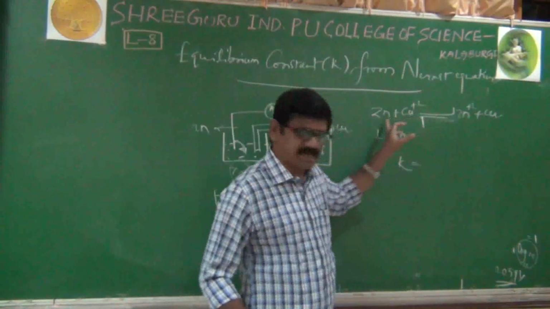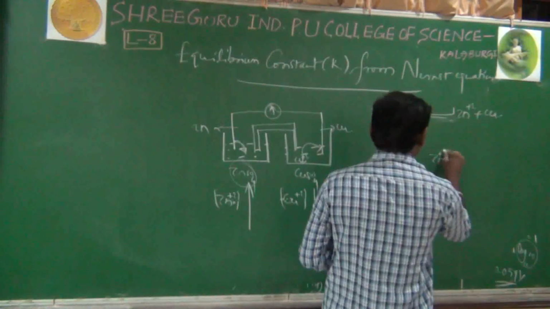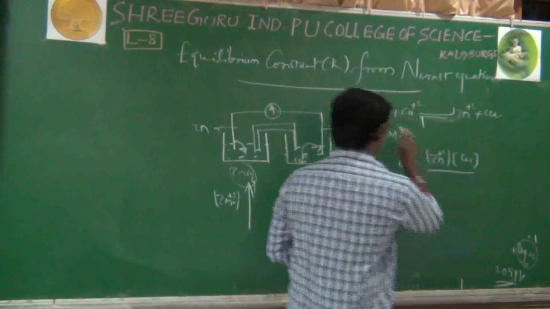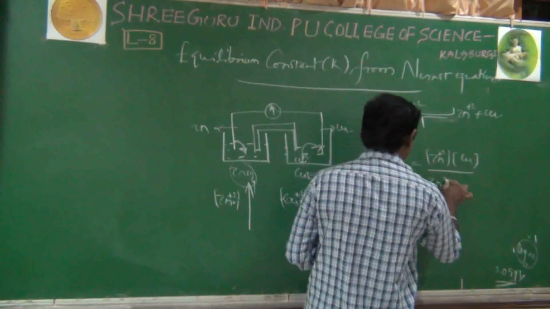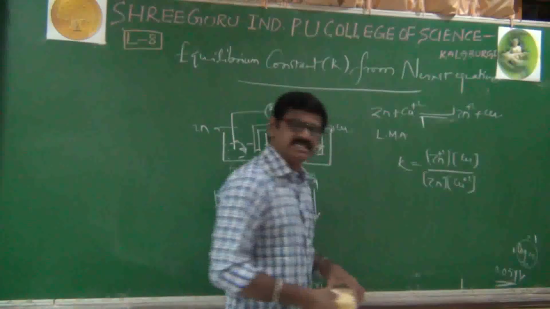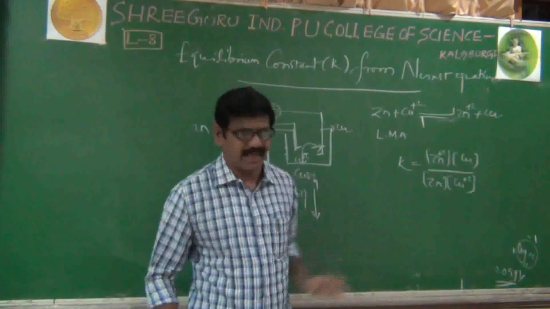Products are Zn plus 2 into Cu, both are products, divided by reactant concentration, which is Zn into Cu plus 2. This we have taken according to the law of mass action.